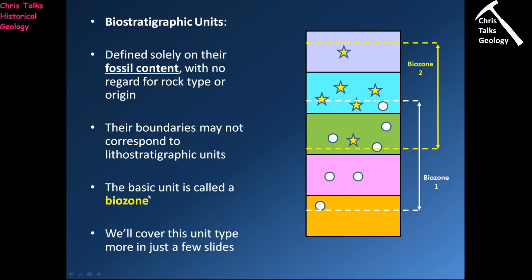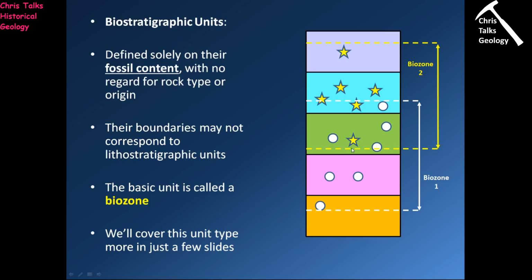A biozone is an area or region of the sequence where we have 1 or more fossils occurring. So in this case, I've split the sequence up into 2 distinct biozones. Biozone 1 begins where the first white circle appears, and it ends when the final white circle fossil appears. From this point on, you can see they're not there anymore. So this is the start of the biozone, this is the end of the biozone.